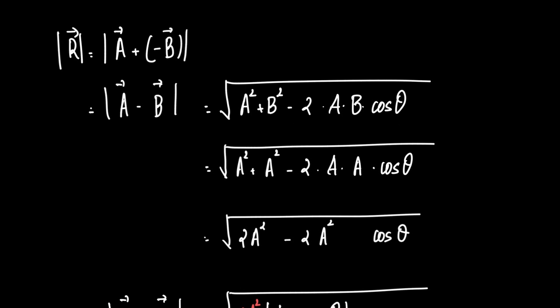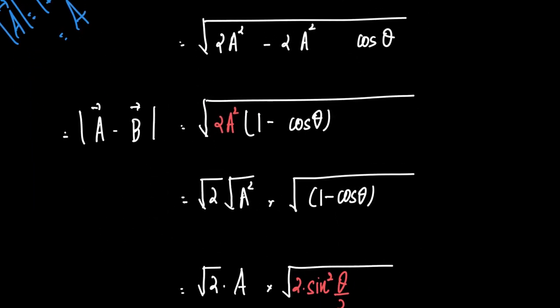Since the given vectors are equal, let us say the magnitude of vector A is equal to the magnitude of vector B, equal to A. B can be replaced by A. So this becomes A square plus A square minus 2AA cos theta. A square plus A square is 2A square, A into A is A square, so this becomes 2A square minus 2A square cos theta, which is equal to root of 2A square, taking out 2A square as common, times 1 minus cos theta. Now, root 2A square can be written as root 2 into root of A square. What is root of A square? It is A.